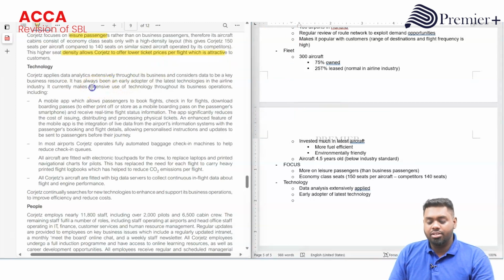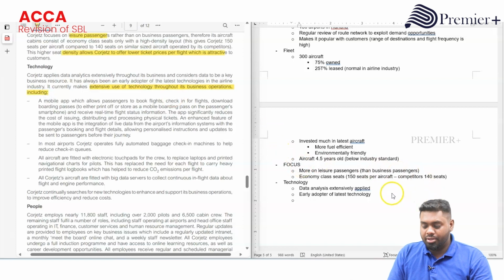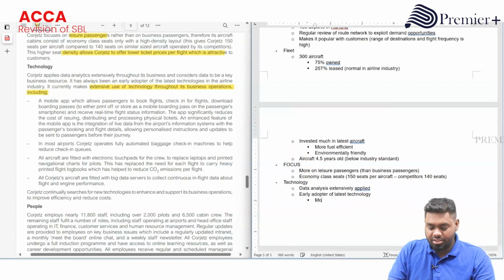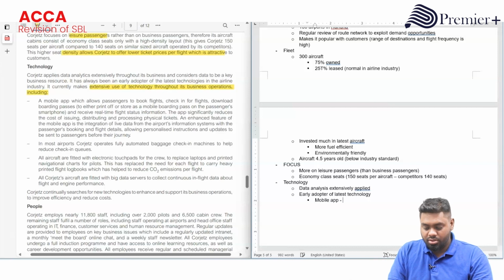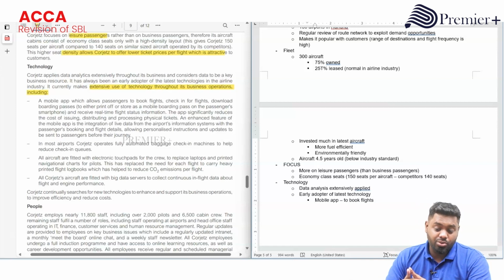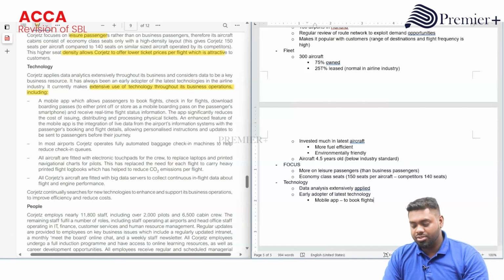It currently makes extensive use of technology throughout its business operations, including a mobile app, which allows passengers to book flights, check in for flights, download boarding passes to either print or store as a mobile boarding pass on the passenger's smartphone, and receive real-time flight status information.